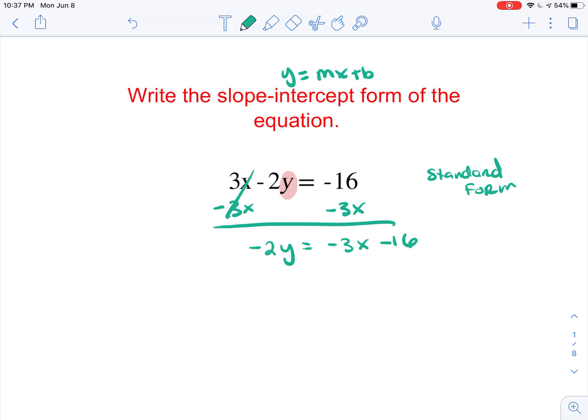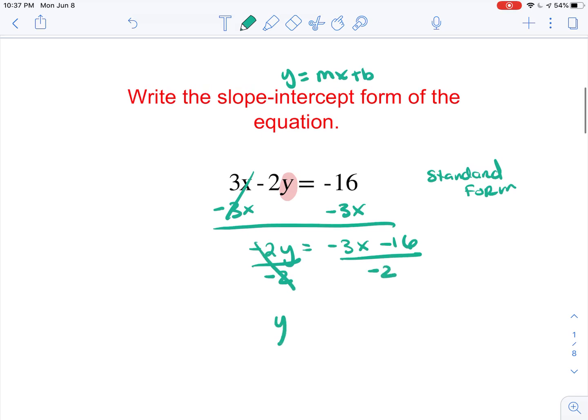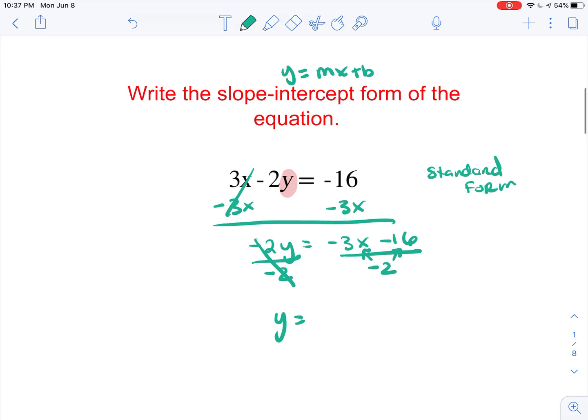I always write it so that my x is in front of the constant because it is mx plus b. That is the standard form technically for the line, so we want to put it in that order. Next, I'm going to divide out the coefficient of y with the sign. When I simplify, remember both terms in my numerator get a copy of that negative 2 denominator.